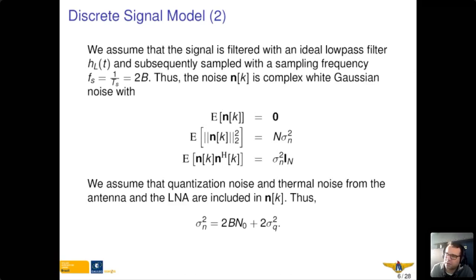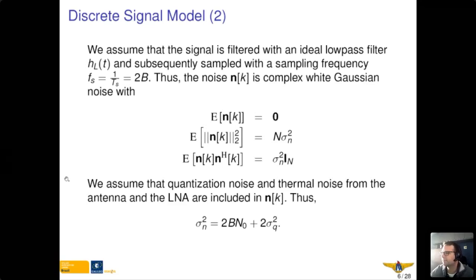If you go down to 1 bit, 2 bit, and so on, the noise cannot be assumed white complex Gaussian anymore. Then you have to apply other models for the modeling of the noise and also of the signal. We will assume here that we have more than like 6 or 8 bits for the signal available. And then the quantization noise can be assumed as white Gaussian noise with a variance of sigma q square here.